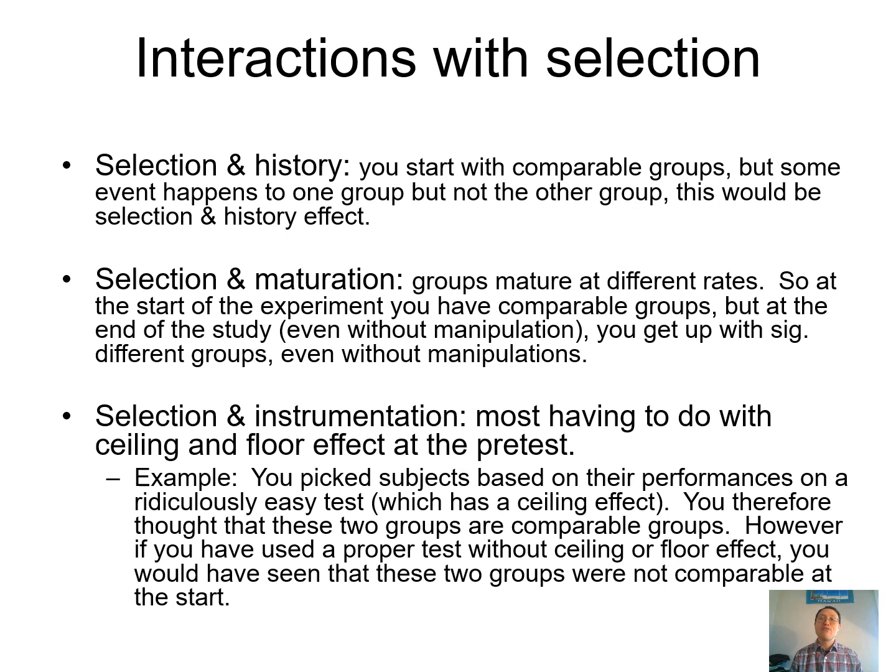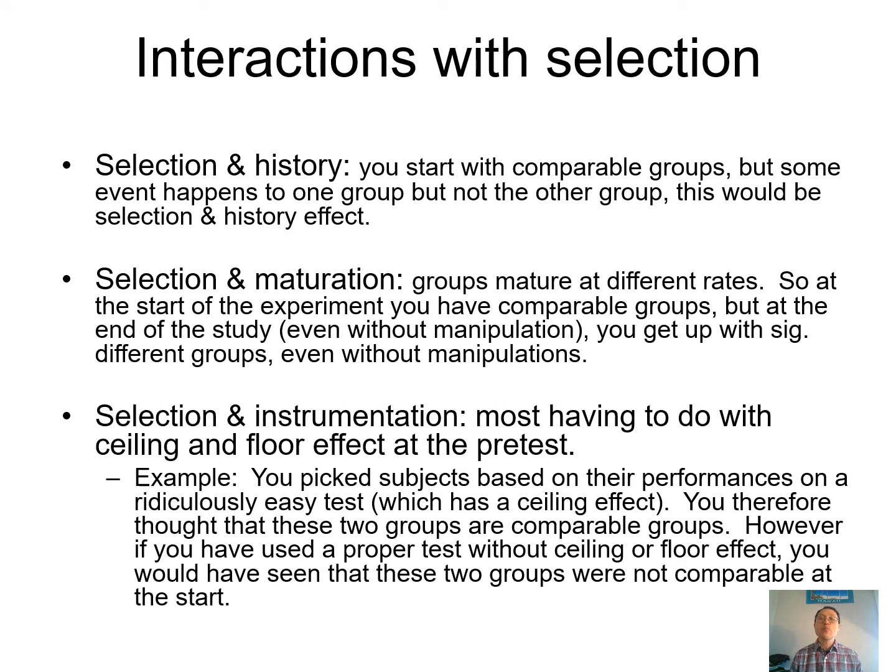So you give them an elementary arithmetic test, and everybody gets 100. But if you were to give both groups a proper mathematical test, you might not find the same ability at the start, because you gave them a test that was too easy for any college student. That would be a selection and instrumentation effect, which is the interaction with the selection.